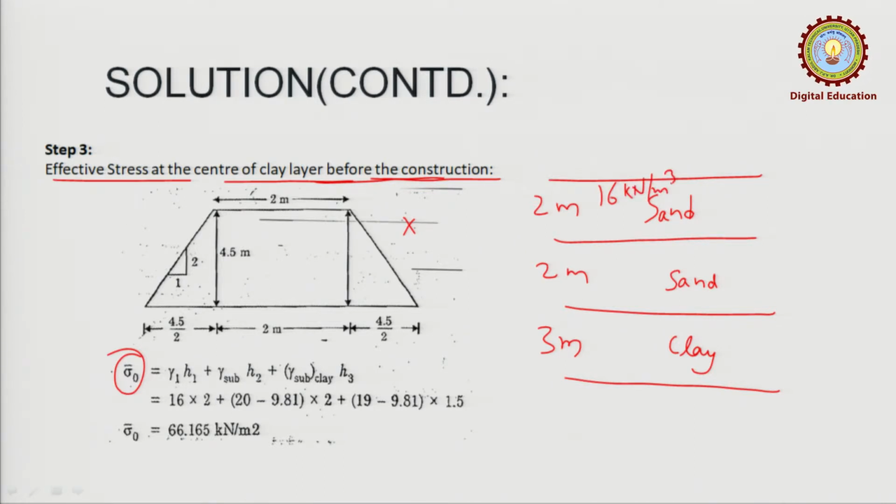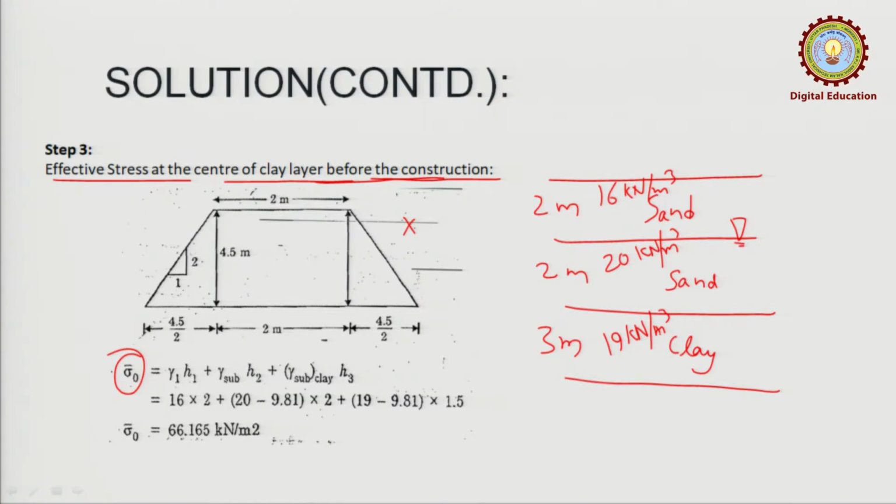What was the gamma here? Water was here. So, general gamma is only given, we are not given with the saturated, okay, remember that. So, general gamma was given 20 kilonewton per meter cube, and what was here? Here also only the gamma was given, that was 19 kilonewton per meter cube. Okay, this much things were given to us in the question.